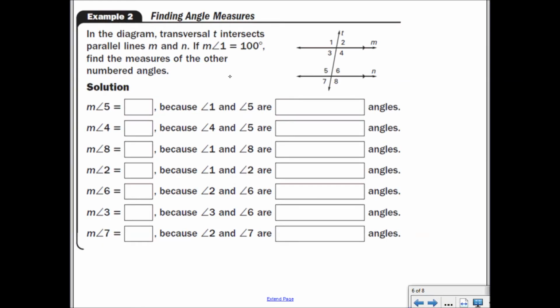Example number 2, finding angle measures. In the diagram, transversal T intersects parallel lines M and N. If the measure of angle 1 is 100 degrees, find the measures of the other numbered angles. The measure of angle 5 will also be 100 degrees because angle 1 and angle 5 are corresponding angles.